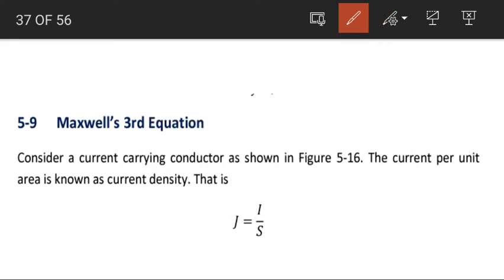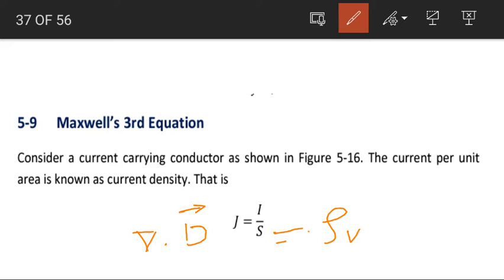As far as the first equation of Maxwell is concerned, we derived the first equation of Maxwell in chapter number 3, which says that the divergence of the electric flux density is equal to rho V, where rho V is the volume charge density. And what is the volume charge density?